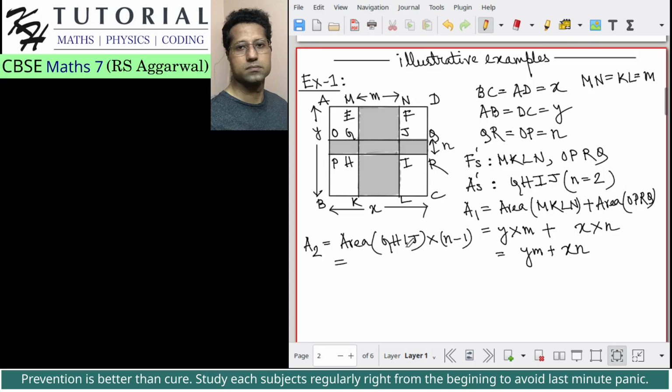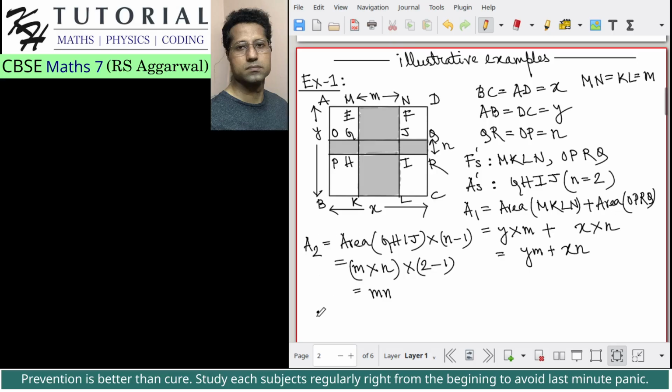The value of n for the overlapping region GHIJ is 2. Now what is the area of GHIJ? For the rectangle GHIJ, the length is m and the width is n. This multiplied by 2 minus 1, so this is equal to mn.